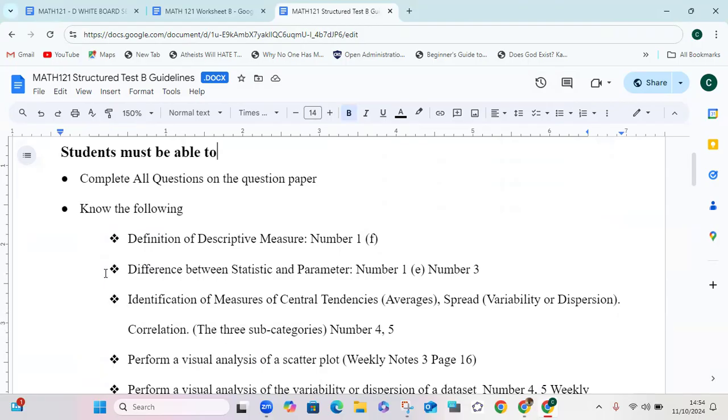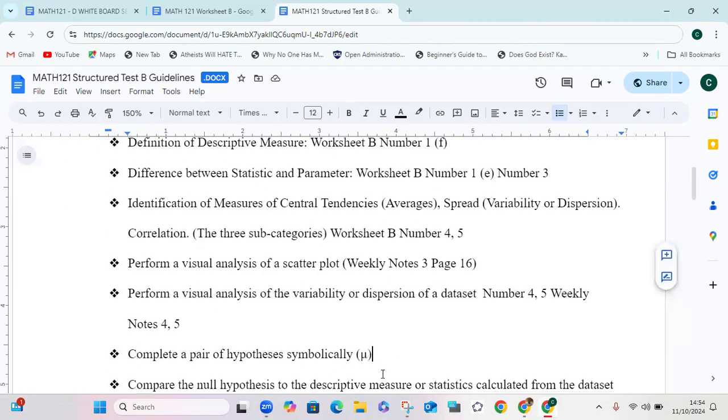For example, to learn about descriptive measures, you got to go to number 1, part F in worksheet B. Worksheet B, number 1, part F. To learn about the difference between statistics and parameter, you've got to go to number 1, part E. To learn about the identification of measures of central tendencies, you got to go to number 4 and 5 in worksheet B. To appreciate the visual analysis of a scatter plot, you go to the weekly notes number 3, page 16.